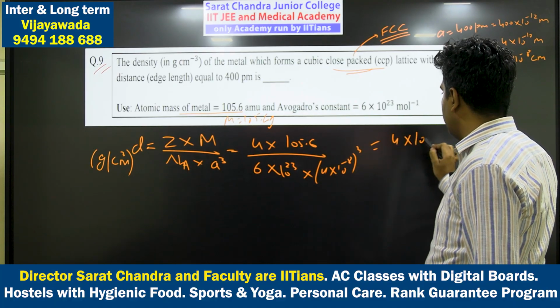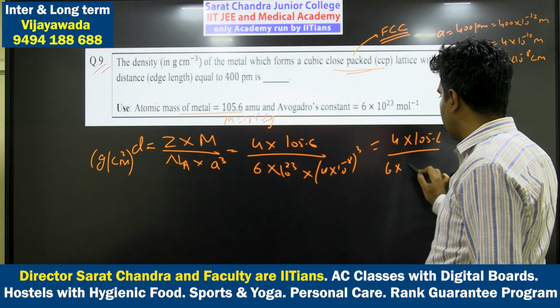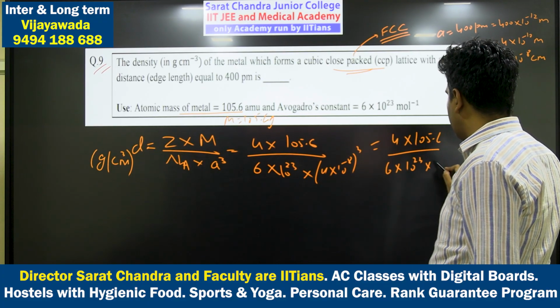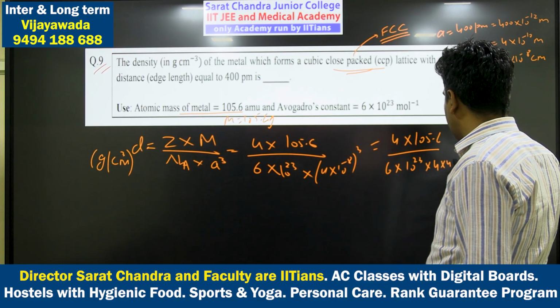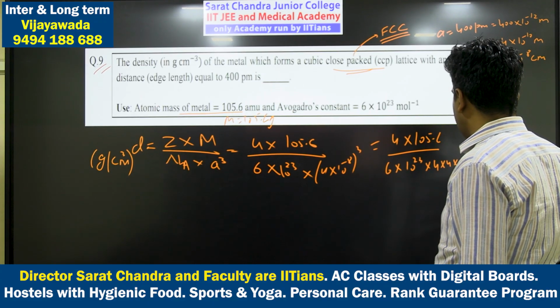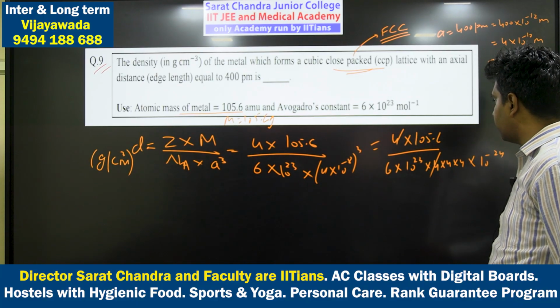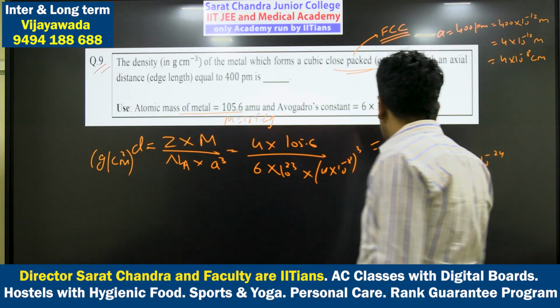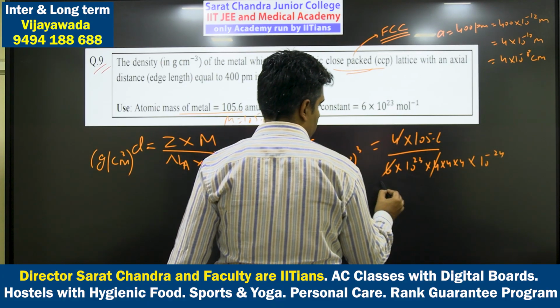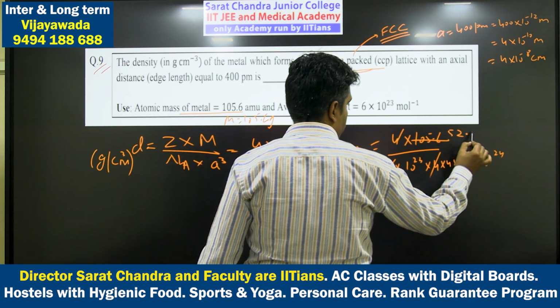So 4 into 105.6 by 6 into 10 to the power 23, 4 cube, 4 into 4 into 4 into 10 to the power minus 24. So 1 4 will get cancelled out. So if you divide this by 3, this will be 52.8.